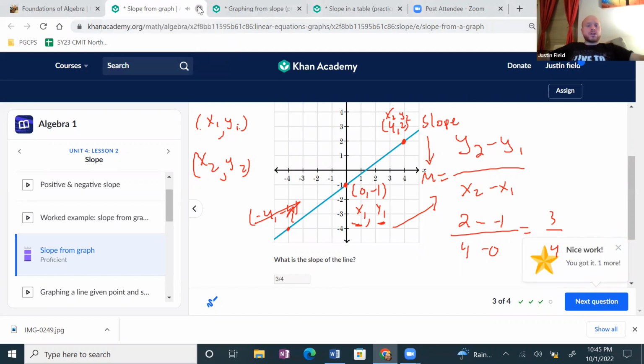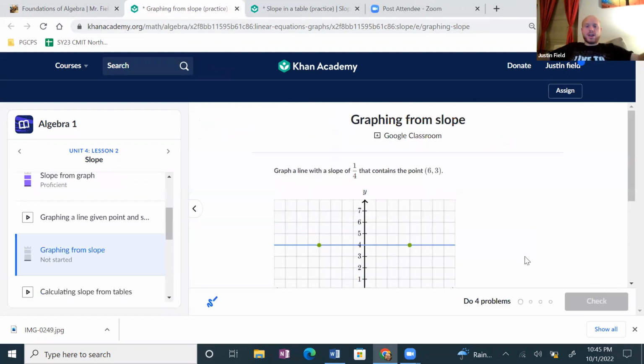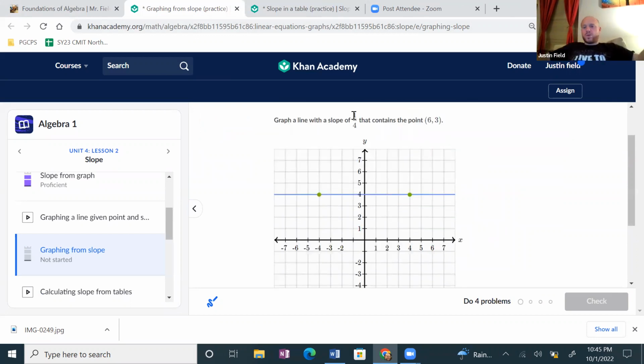All right, and so we're going to look at slope from all different angles, but we're just going to use that formula. Okay, so the ratio is every time the y changes by 1, the x changes by 4. And if we have a point at 6, 3, right? So let's put that point at 6, 3.